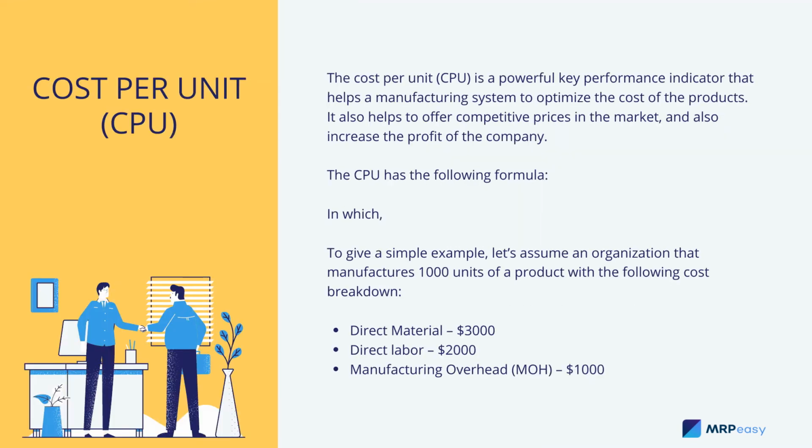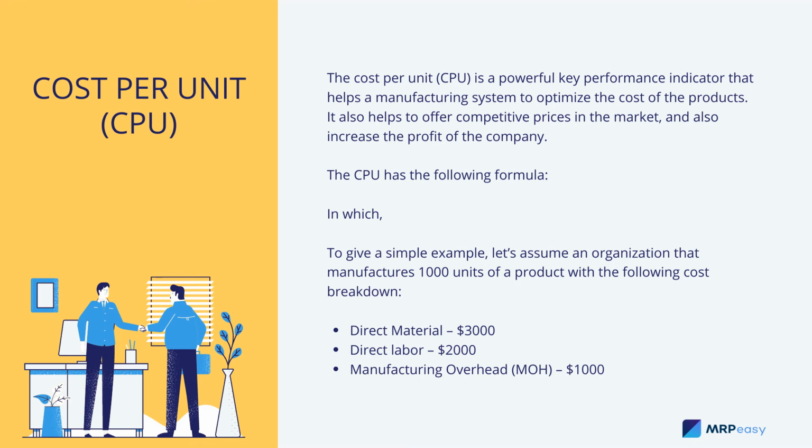The cost per unit, CPU, is a powerful key performance indicator that helps a manufacturing system to optimize the cost of the products. It also helps to offer competitive prices in the market and also increase the profit of the company.